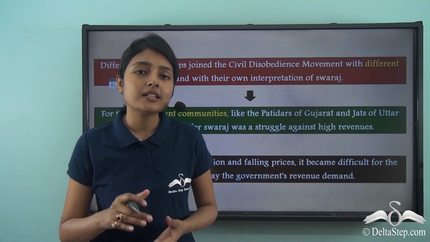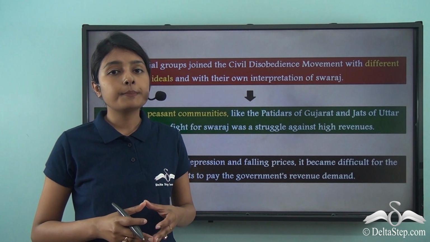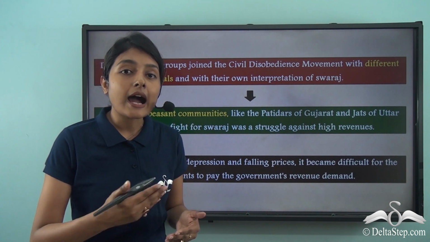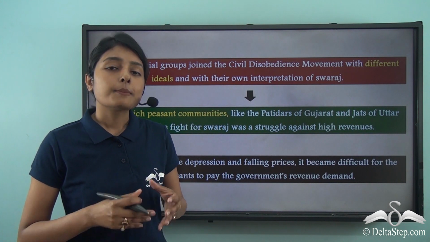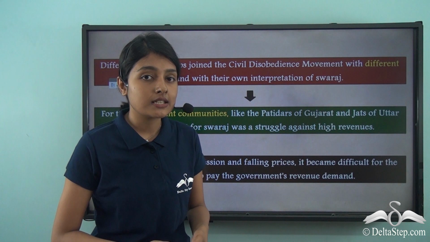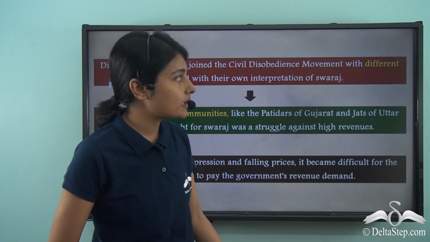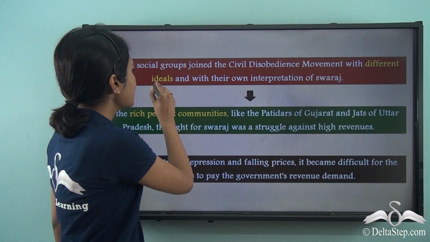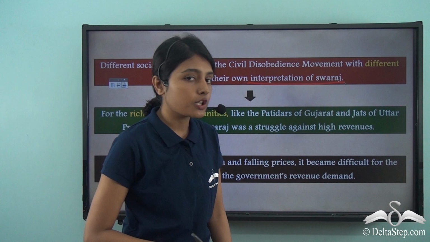Likewise, during the civil disobedience movement as well, different sections of the people interpreted the ideas of this movement in their own ways, because they were actually looking at their own local and immediate needs. So, different social groups joined the civil disobedience movement with different ideals and with their own interpretations of Swaraj.